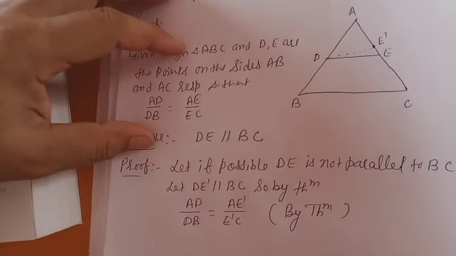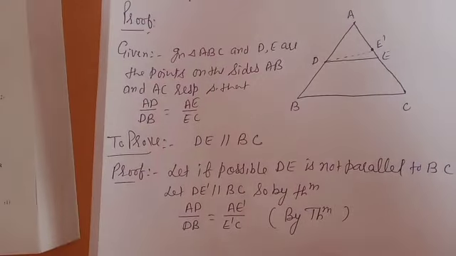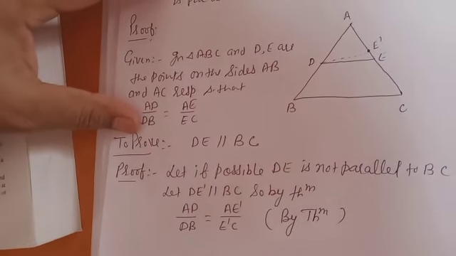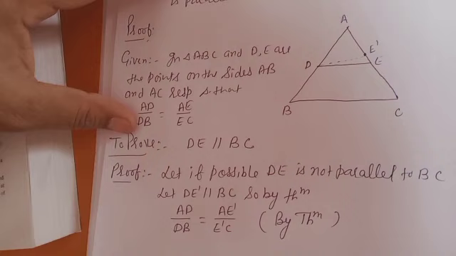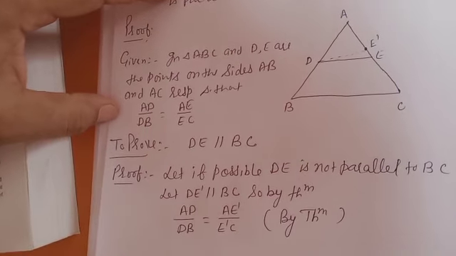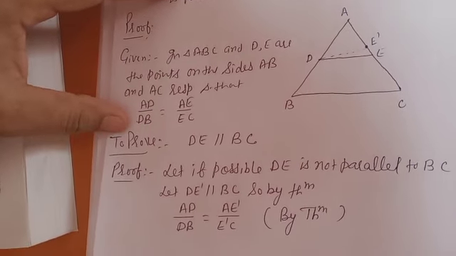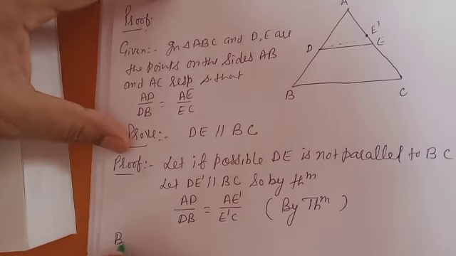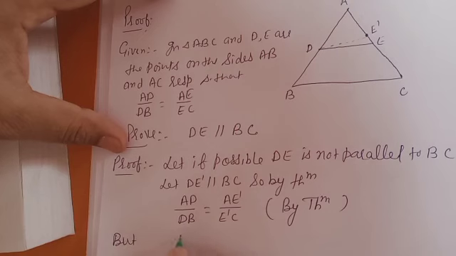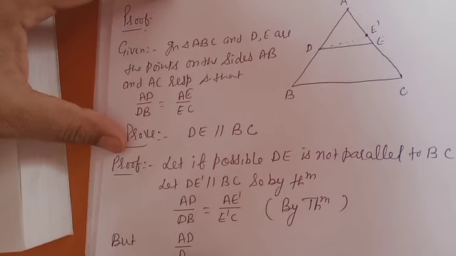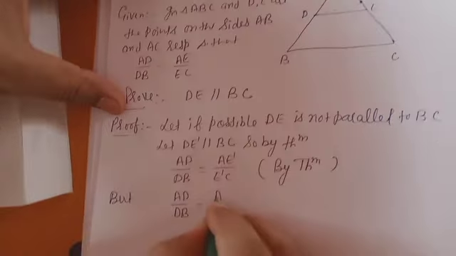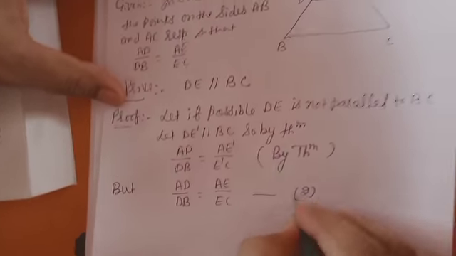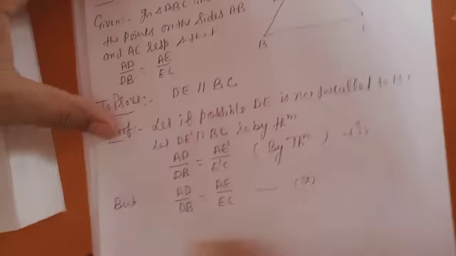In exam you have to write its statement. What's its statement? If a line is drawn parallel to one side of a triangle to intersect the other two sides at different points, then the two sides are divided in the same ratio. That you have to write. But AD by DB is equal to AE by EC. This is your second, this is your first.